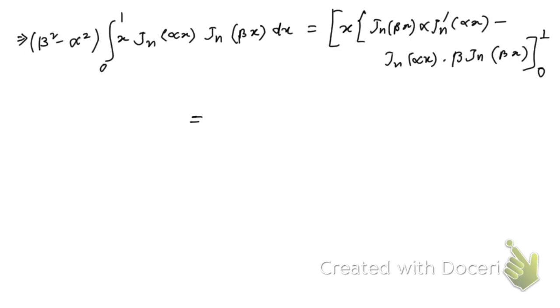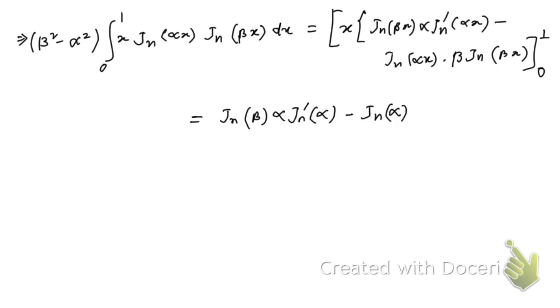On putting 1, we're going to have Jn of beta, since x is replaced by 1 now, then alpha Jn dash of alpha, minus Jn of alpha, because those x are replaced by 1 now.